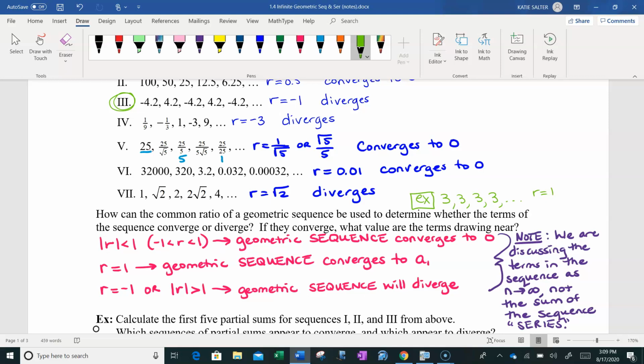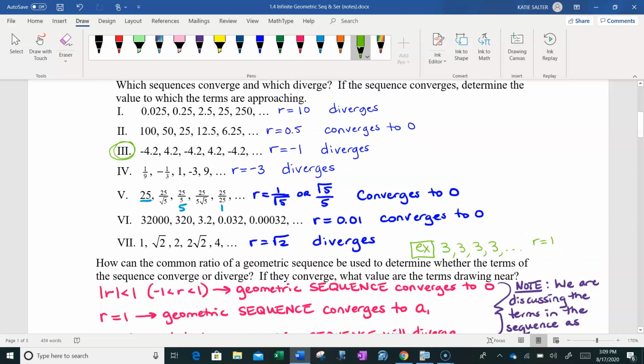All right, so what I would like for you to do is, for examples 1, 2, and 3 from up here, I want you to find the first 5 partial sums for just these 3. So remember, the first one would just be 0.025. And then for the second one, you would add term 1 and term 2. For the third one, you would add term 1, term 2, term 3.